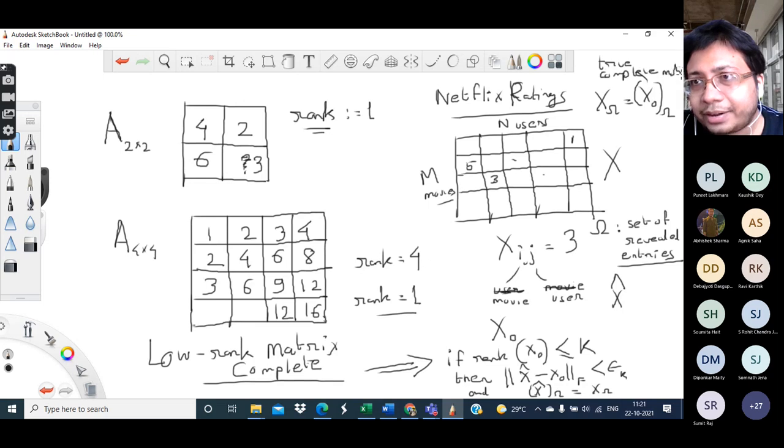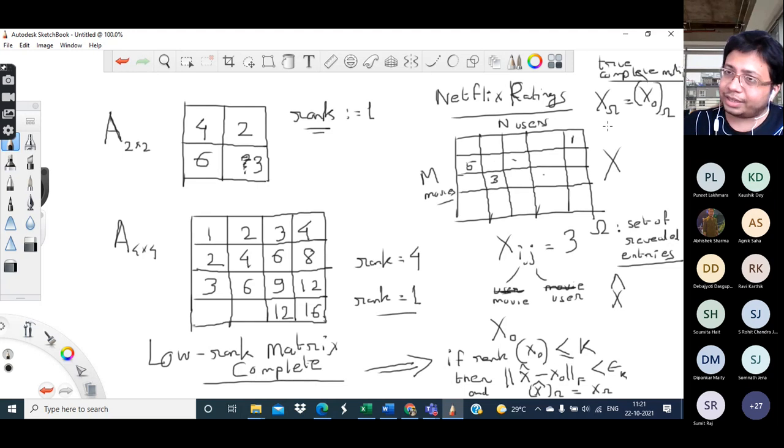So this statement that x omega is equal to x naught omega is basically telling me that those locations where I have access to the ratings are actually equal to the true ratings. That is, it is not that there is any measurement error. It is not that this first user has given a rating of 2 to the second movie, but I have erroneously read it as 5.